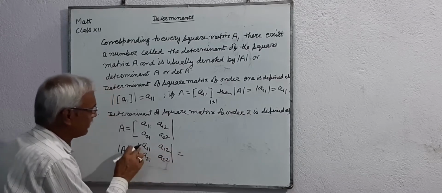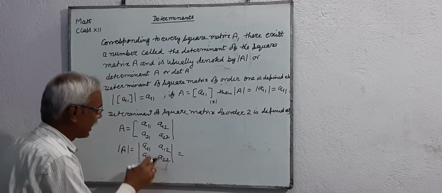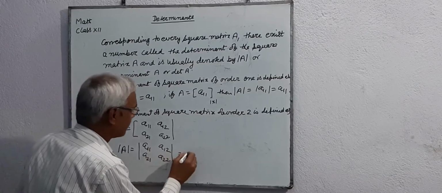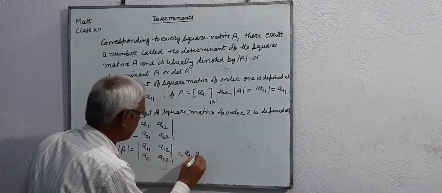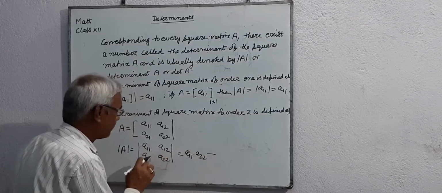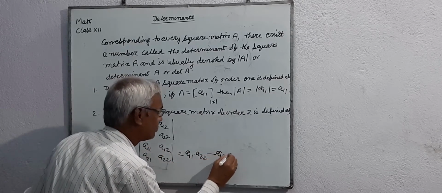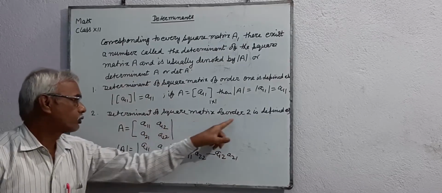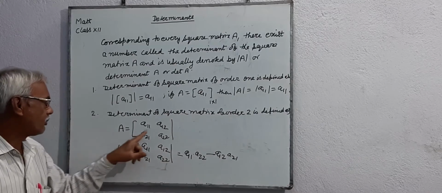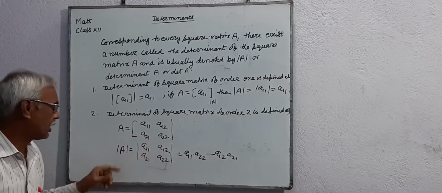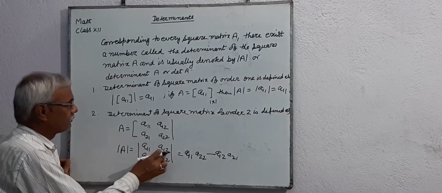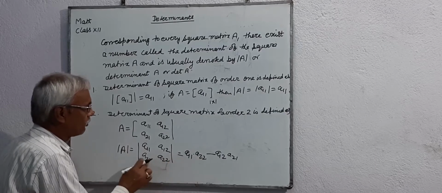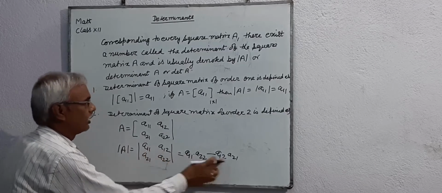Its value is the product of the leading diagonal minus the product of the other diagonal, equal to A11 into A22 minus A12 into A21. For any square matrix of order 2, the determinant is A11 into A22 minus A12 into A21.